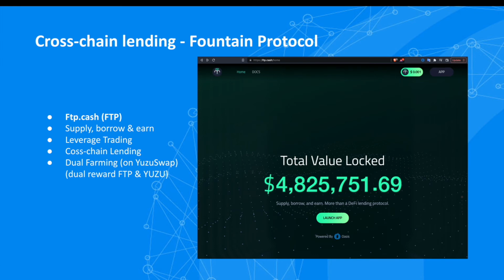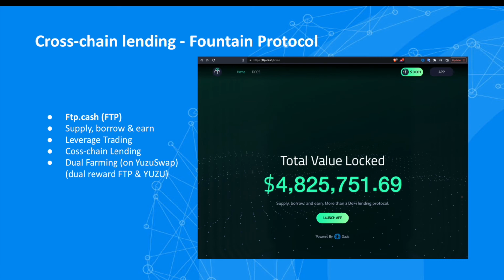And not only that, what I like here with the Fontaine protocol is there is a new feature called dual farming. You can do dual farming on Uniswap, but essentially when you provide liquidity, you get a dual reward, which means that you get a reward in FTP token and USD token when you provide liquidity for specific pairs. So this is very cool.